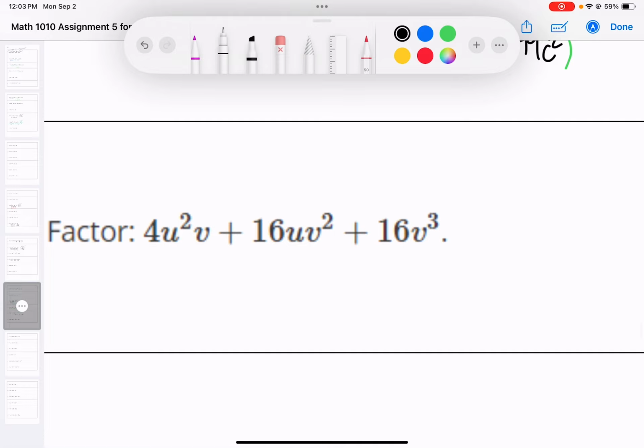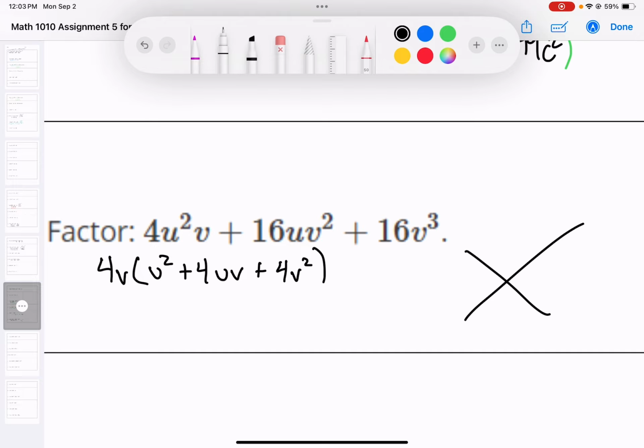Okay, I've got a v in each one of these and a 4, so 4v. So that leaves me with u squared plus 4uv plus 4v squared. So this is a quadratic. So I've got 4 and 4.